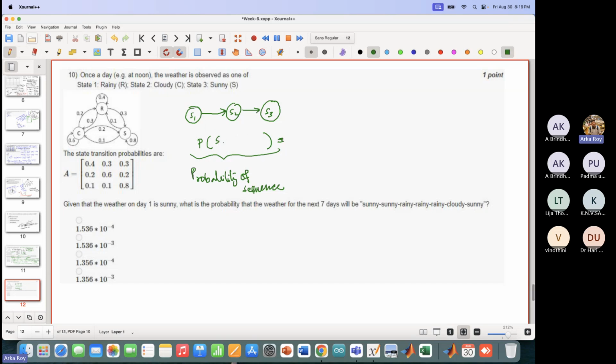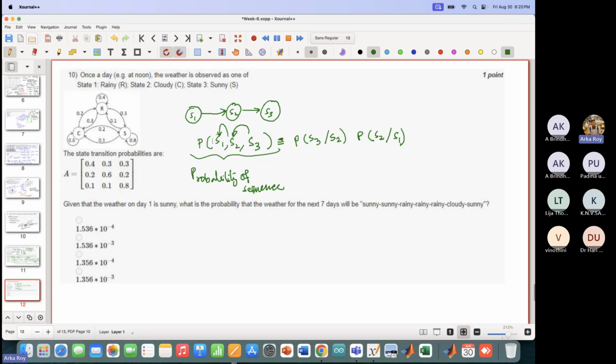Let me just rewrite this. This is called the probability of a sequence. So how do we write this particular thing in this way? You can see S3 is coming from S2, right? So that means S3 is dependent on S2. Then similarly, S2 is dependent on S1, right? So I can write P of S3 given S2, P of S2 given S1.